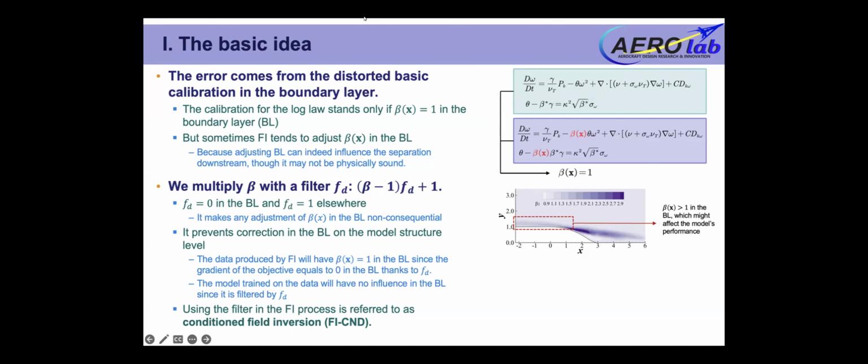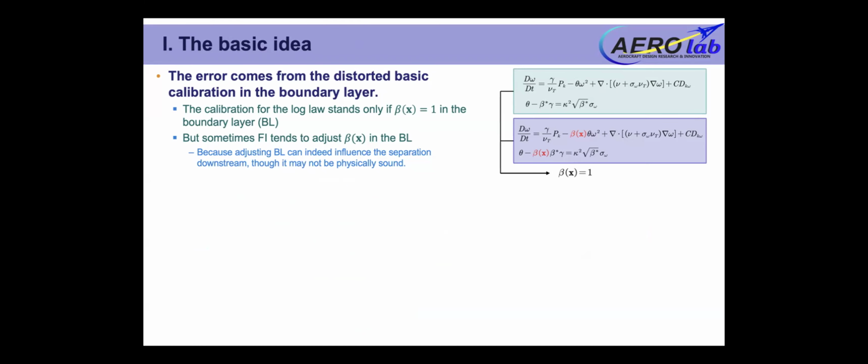I'll talk about the basic idea behind our model construction. We think that the error comes from the distorted basic calibration in the boundary layer. If we look at the two blocks on the right side, the first block is the omega equation of the SST model and the related calibration of the log law.